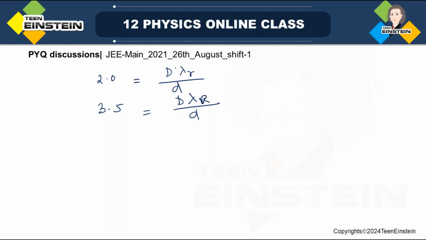These terms are common, right? I can take just the ratio, so 2 by 3.5, lambda_v and lambda_r.